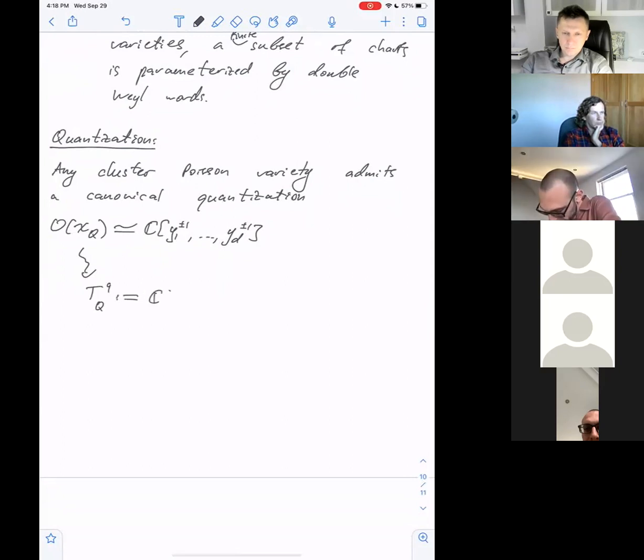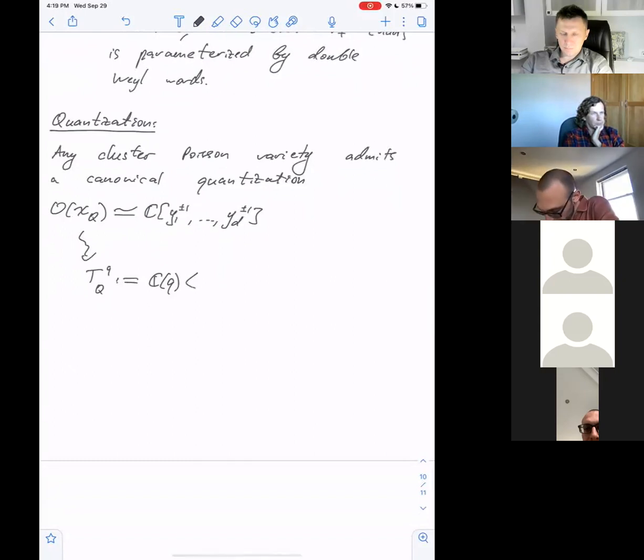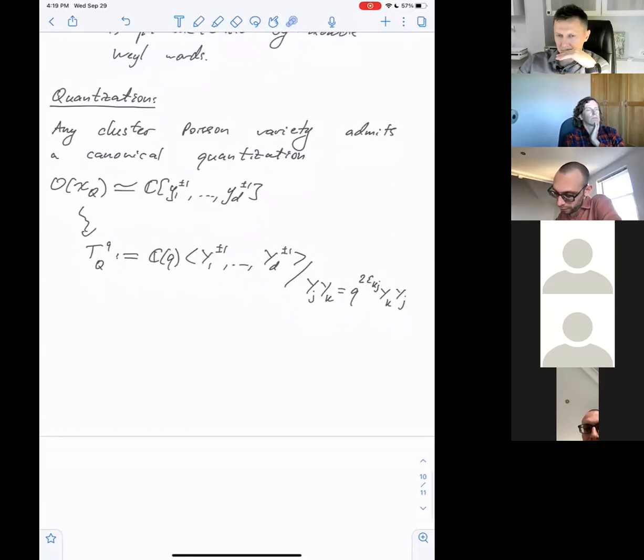This is by definition an algebra over rational functions of an auxiliary variable q, with generators y1, ..., yd and their inverses. And the relation will be that yj yk is equal to q to the 2 epsilon kj, yk yj. That's clearly a quantization of the log canonical Poisson structure if we take the quasi-classical limit.